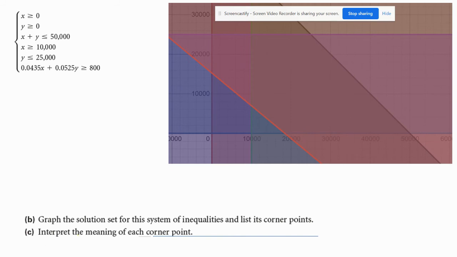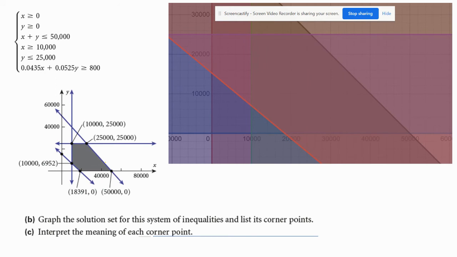And so it says interpret the meaning of each corner point. So when I graph this, I graph it down here, but you can see the shape that was made by what I marked, right? So we have points all of these places, and you can click on Desmos to see where those are at.